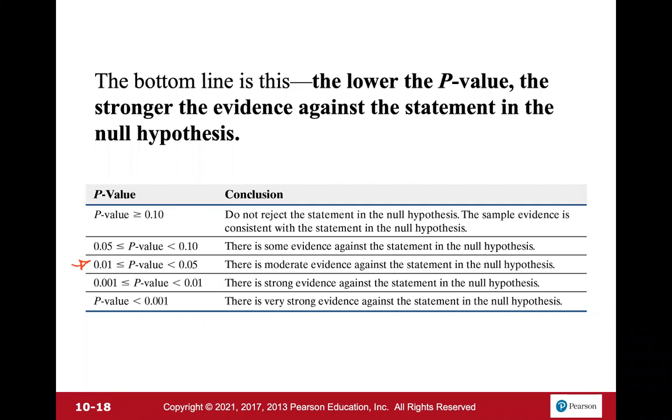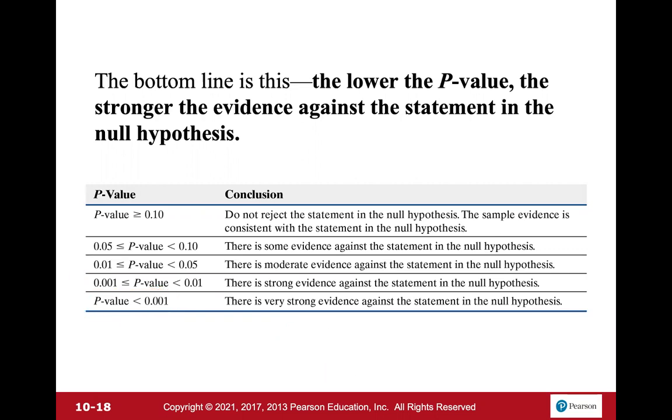This one here is between 1% and 0.1%. There is strong evidence against a statement. Anything smaller than 0.1%, we would say there's very strong evidence.